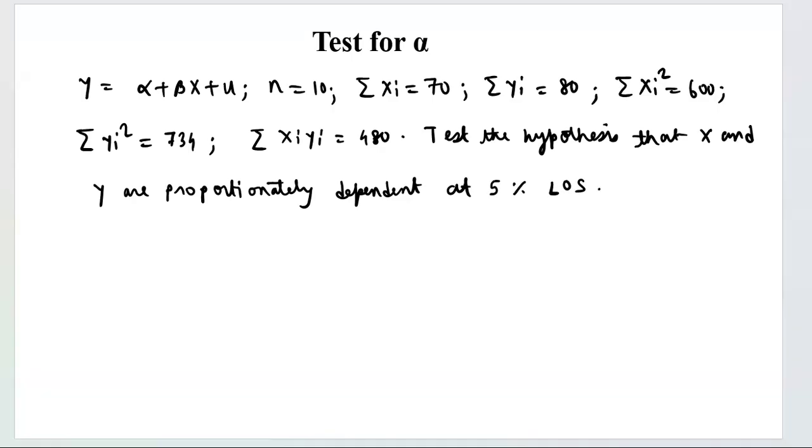LOS means the level of significance. So here the question is a little different from before. It says test the hypothesis that x and y are proportionately dependent at 5% level of significance.